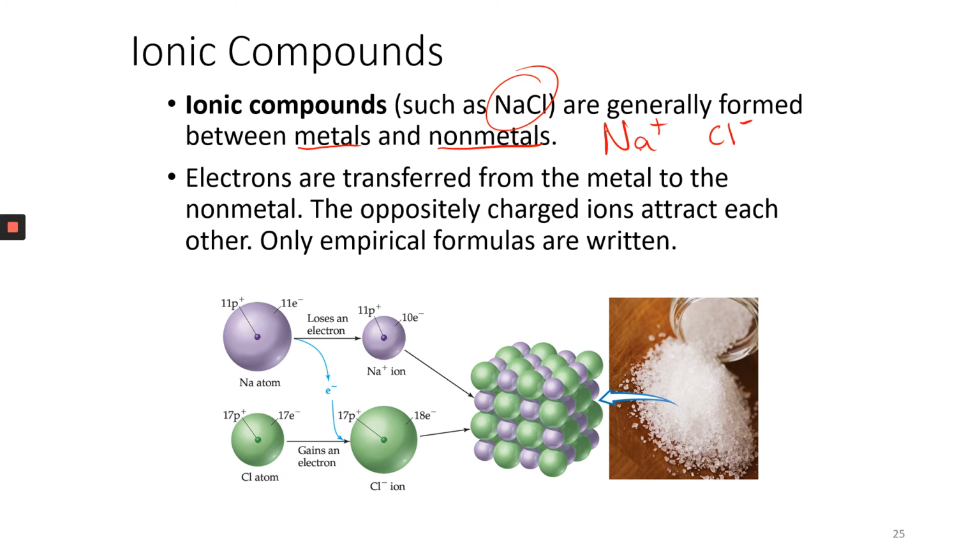Your metal likes to lose electrons, so it forms a cation, and your non-metal likes to gain. Once they do this, they form charges or ions, and these charges are attracted to each other, and that's what forms the bond. They don't form a molecule, they form a crystal lattice. So you have a repeatable NaCl, NaCl, NaCl going across the whole thing.